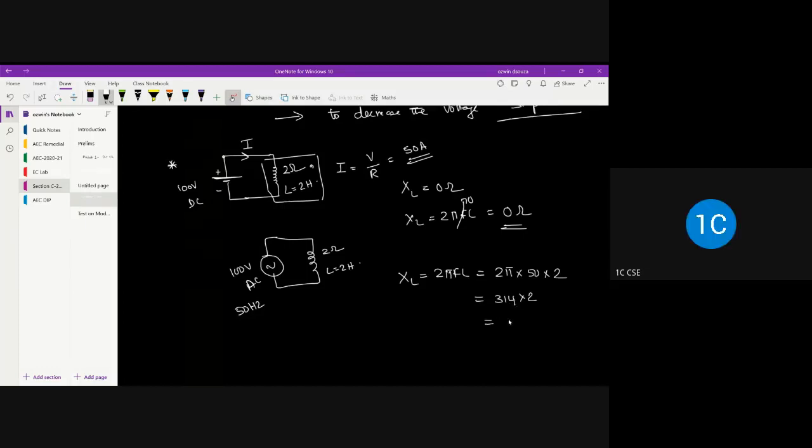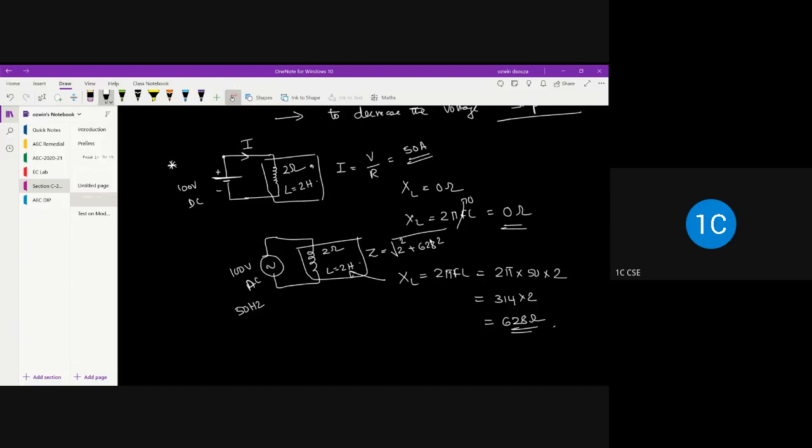That is 628 ohms. Now, since there is reactance, you cannot just consider it as a resistive circuit. You have to consider it as an RL circuit. So the impedance of this circuit is the square root of 2 square plus 628 square, that is, Z is equal to the square root of R square plus XL square. You remember this formula.